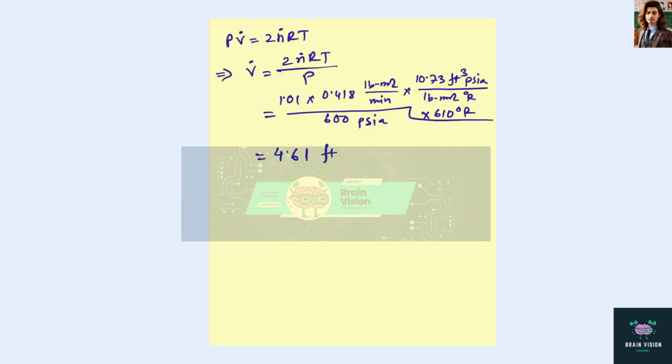Therefore, the volumetric flow rate is 4.61 feet cubed per minute for nitrogen.